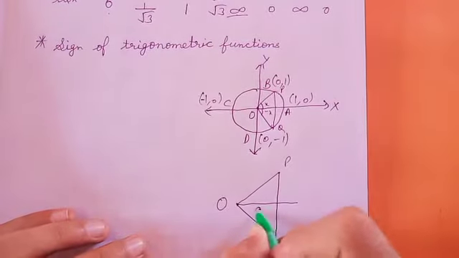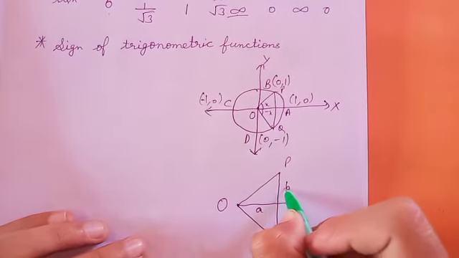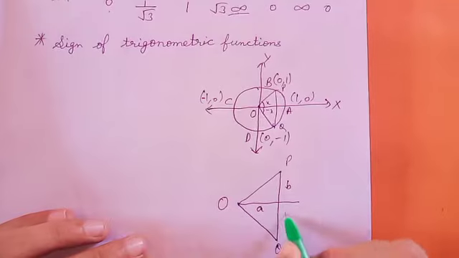Okay, it is our distance A, it is our B, and it will also be B.